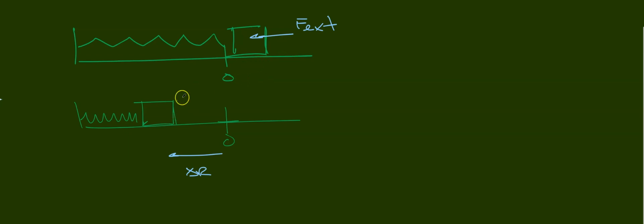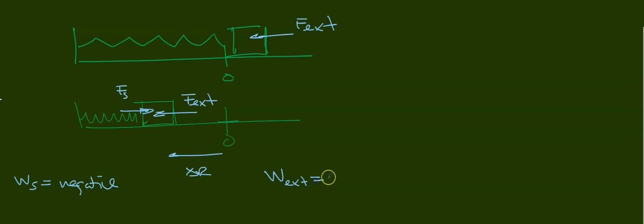Well, first I need to understand that there are two forces at play here: the external force on the block, done by me, and the force done by the spring. Notice that the work done by the spring is negative because the displacement goes to the left and the spring force goes towards the right, so 180 degrees. But notice that the work done by the external force is positive.